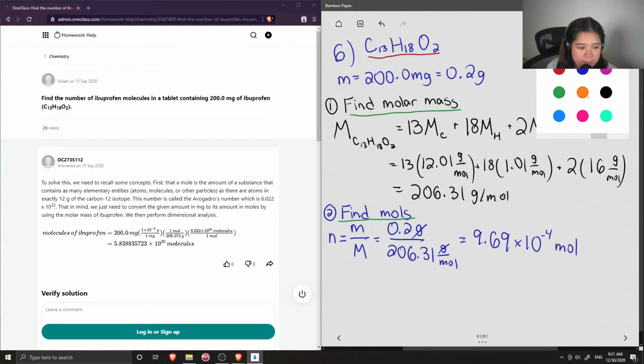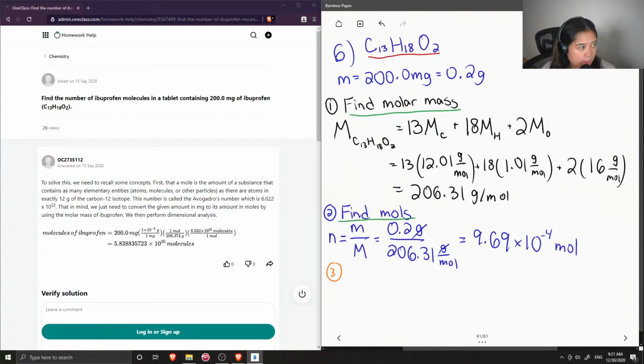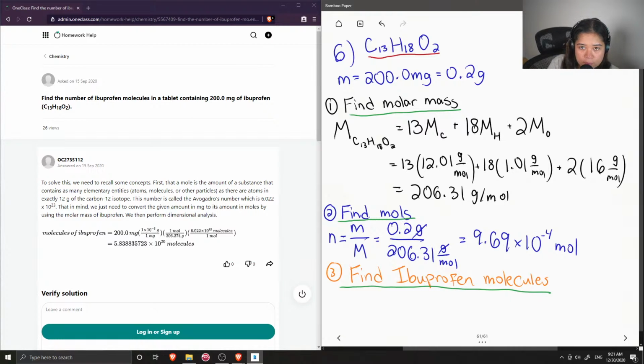Okay, so lastly, we can answer the question. Find ibuprofen molecules. So now we want to convert our moles to molecules. And the way we do this is by multiplying by Avogadro's number.